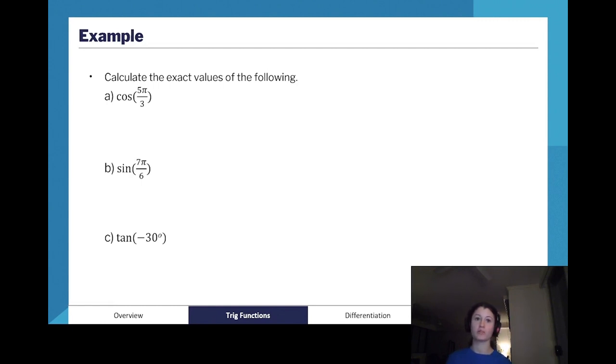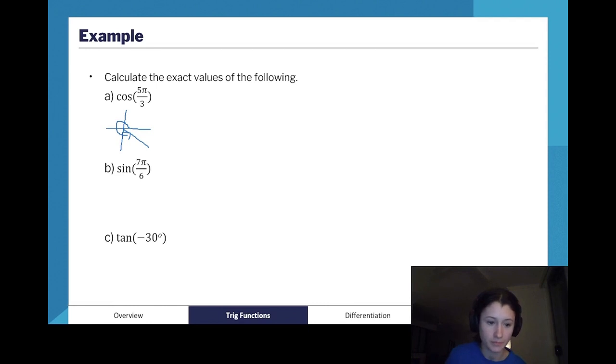So we almost have 2 pi there, because 2 pi would be 6 pi on 3. So we actually have something that is around about here. So what we want to do is find the equivalent angle.